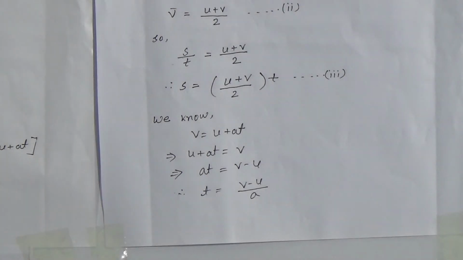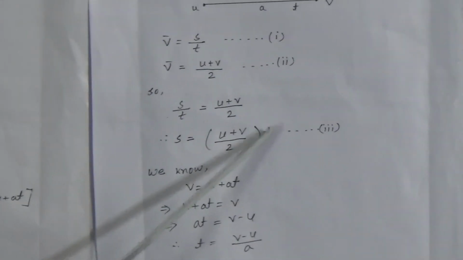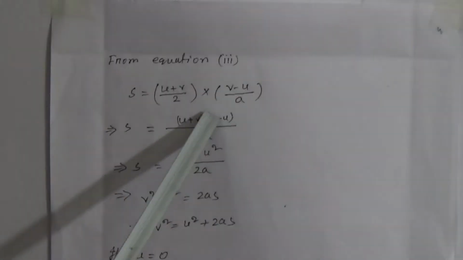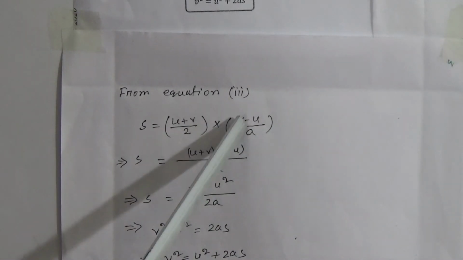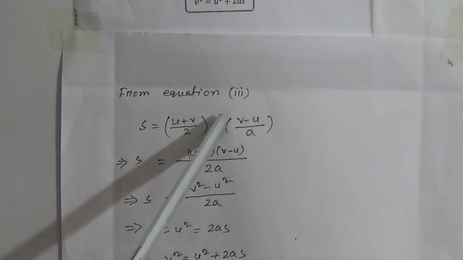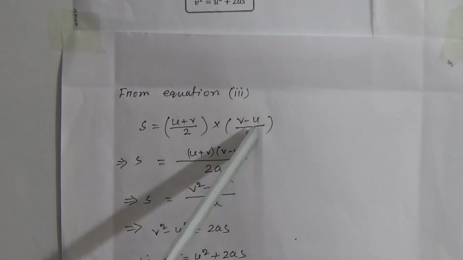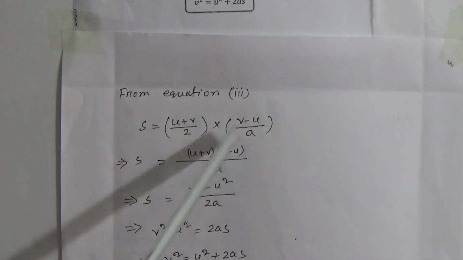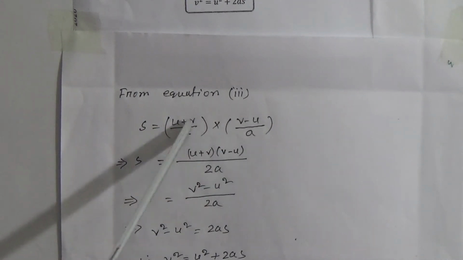Now go to equation number 3. Here we put the value of t, which equals v minus u by a. Then we get s equal to u plus v by 2 multiplied by v minus u by a, that is, u plus v times v minus u by 2a.